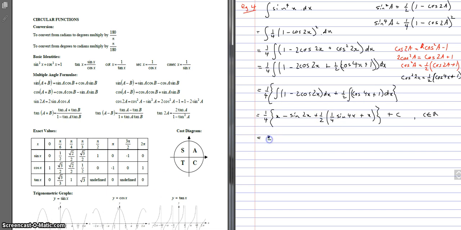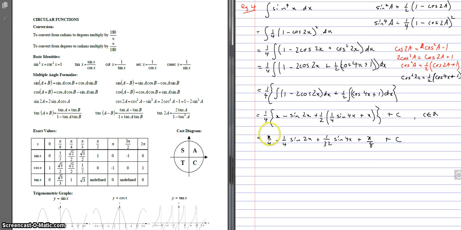Now we'll multiply throughout. So we have x over 4 minus 1/4 sine 2x plus, well, that's 1/8 times another 4th, so that's 1 over 32 sine 4x, plus, well, it's a half times that times a quarter, x over 8, plus c.